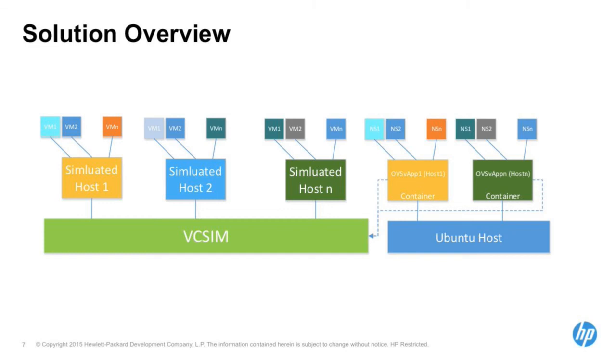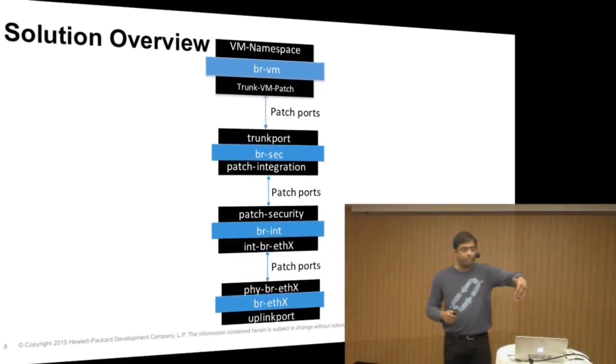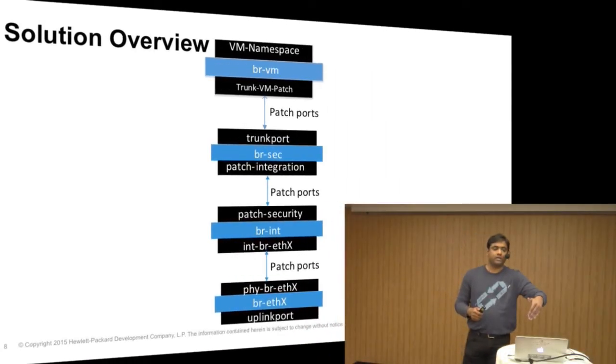And now, back to a closer look at how the OVS is structured within the container. The upper one, the BRVM bridge that we have here, is basically, think of it as the trunk port that we have on the distributed virtual switch, right? And what we do is we connect the namespace to the BRVM, and then we patch the BRVM to the BRSec.